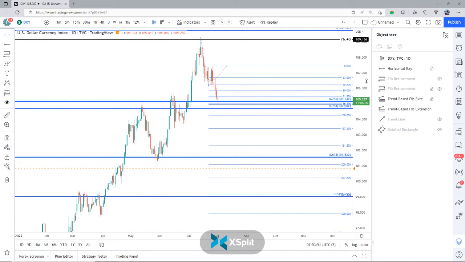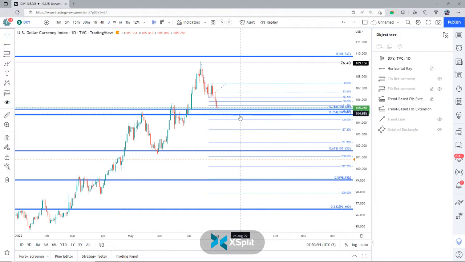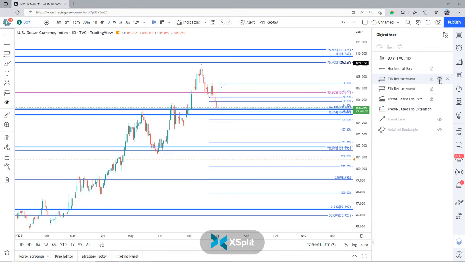So it's important to note that when we break this level here, we will run for this one. The most important is to look at this retracement, the previous retracement we had there, not the pink one, this one with a 76.40.